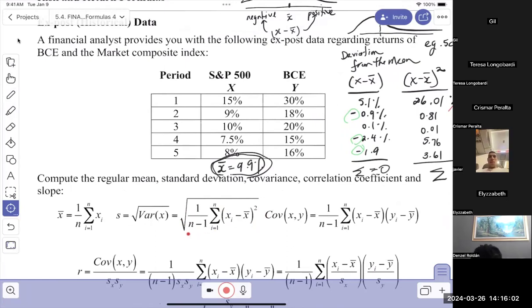One less doesn't matter if, let's say, you have 1,000 observations, it's not going to make much of a difference. But what it does do is make the number in here a little bit larger than if you divide by n, because you're dividing by a smaller number. This helps you account for the spread of the values, okay?